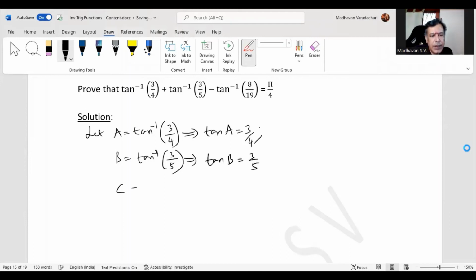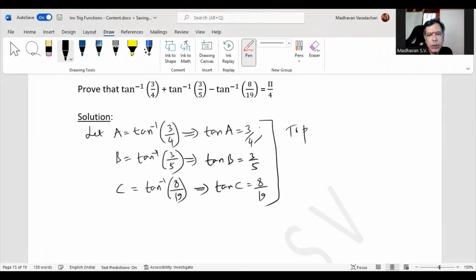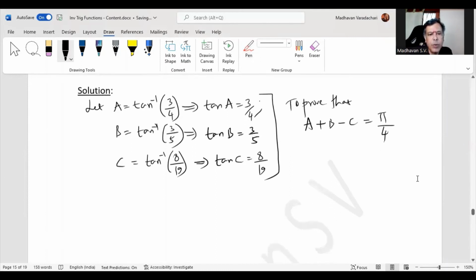Then let's consider C as tan inverse of 8 by 19, which means tan C will be 8 by 19. So based on this, we need to prove that A plus B minus C equal to pi by 4. That is what we are supposed to prove.